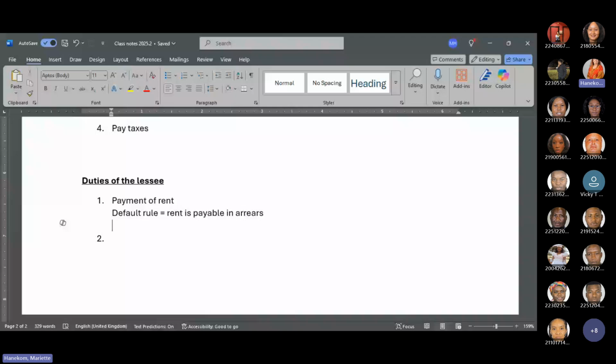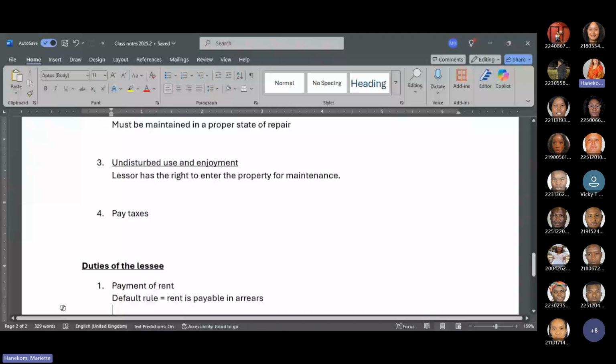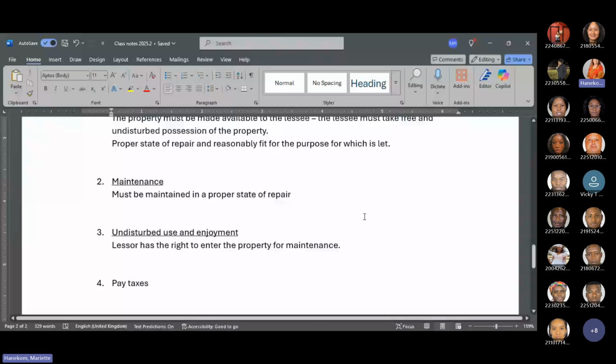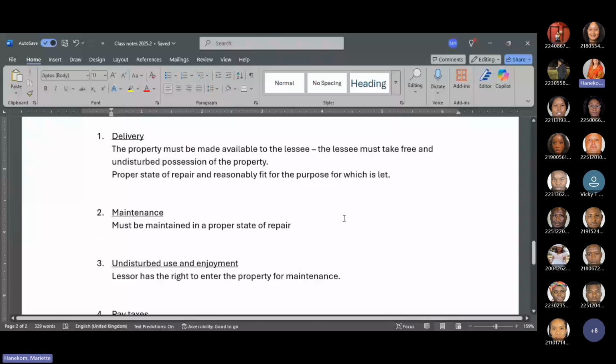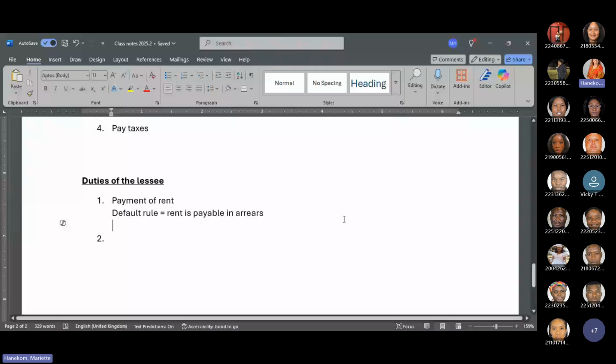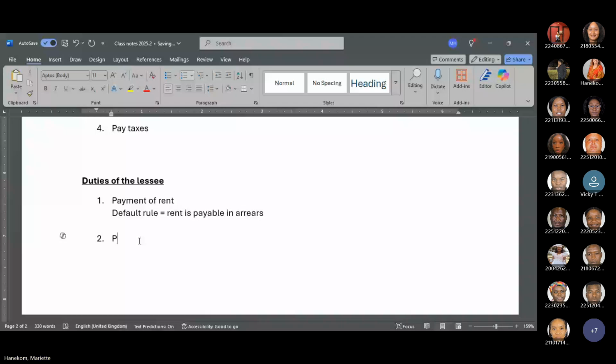Although the landlord has the duty to maintain the property in a proper state of repair, this doesn't mean you can go ahead and do exactly what you want to. The lessee has the duty of proper use and care. Firstly, property can only be used for the purpose for which it was let.